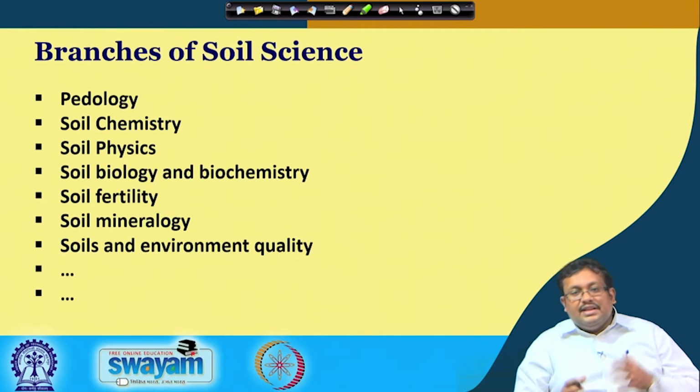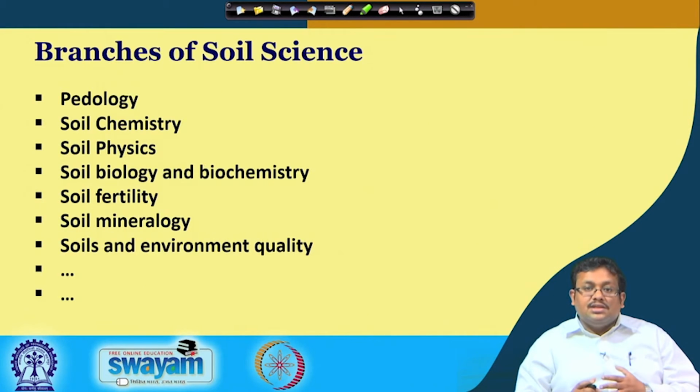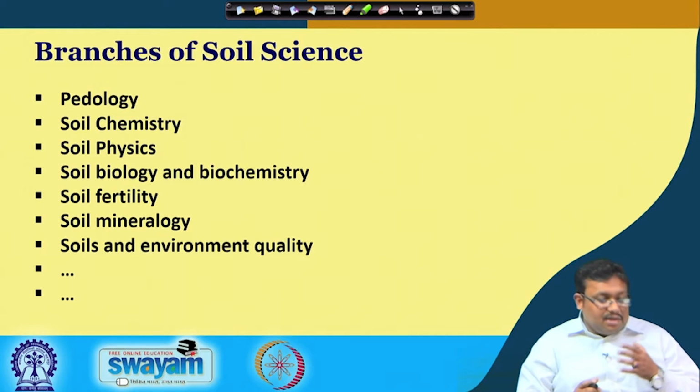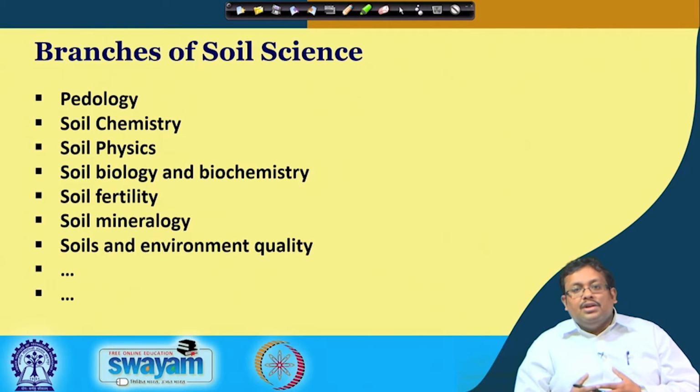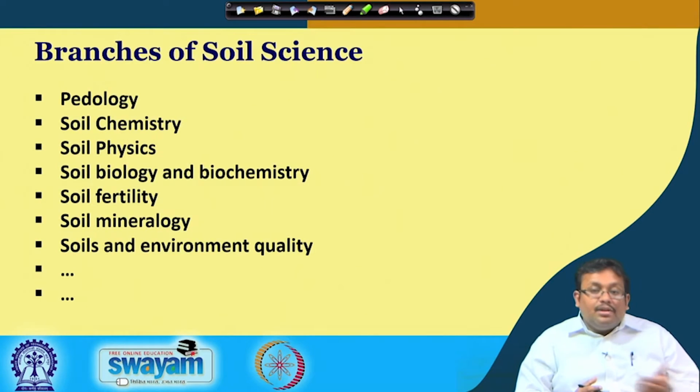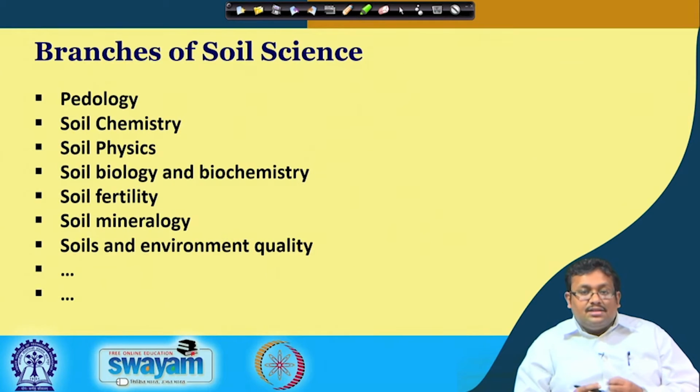Soil mineralogy deals with the different minerals and their structures and their characteristics. And there is another major branch, soil and environmental quality, which deals with soil pollution and their remediation. Now, I have kept a couple of blanks because each and every day new branches of soil science are evolving.